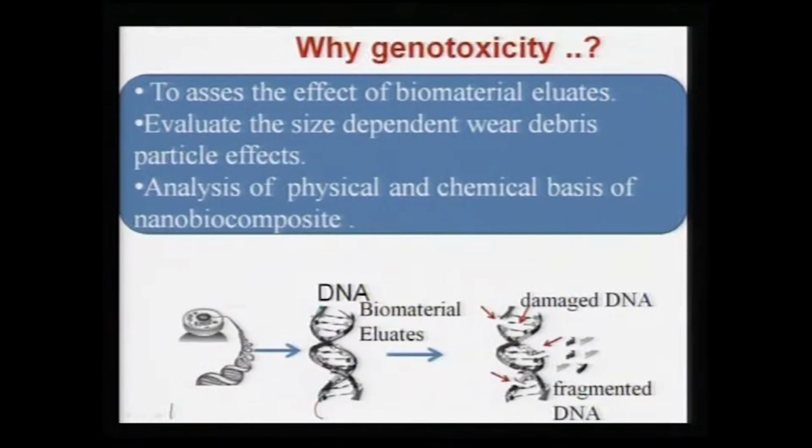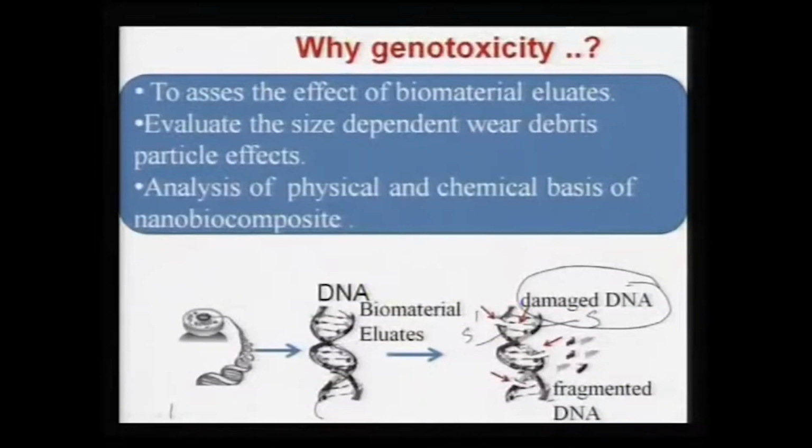In the DNA there is a strand S and a strand S prime, and S and S prime will not be intact, they will be broken. Therefore, it is causing damage to the DNA, and once it is damaged, DNA to RNA, RNA to protein synthesis cannot take place. This is known as damaged DNA or fragmented DNA.